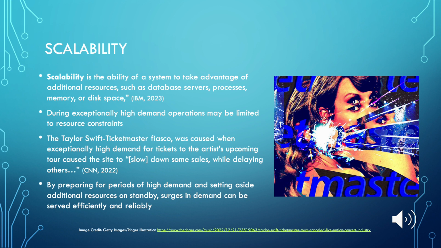When you have exceptionally high demand, operations could be limited by resource constraints. If you have a server capable of responding to a certain number of calls, when you have a spike in demand, it's going to struggle to keep up.